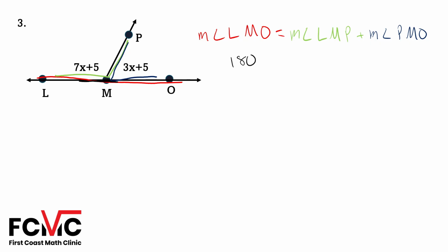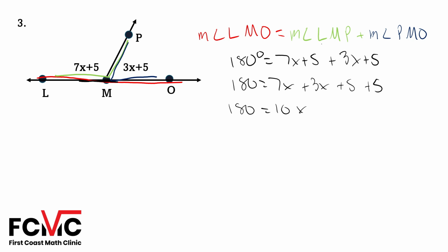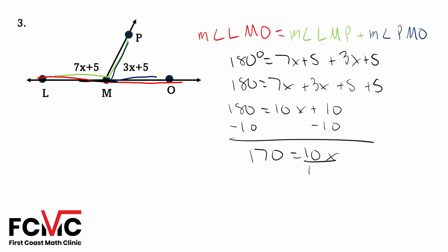So LMO has to be 180 degrees equals LMP, which is 7x plus 5, plus PMO, which is 3x plus 5. For like terms, 180, 7x plus 3x plus 5 plus 5. Get 10x plus 10. Subtract the 10 from both sides. So 170 equals 10x. Divide by 10 and 10, and we get x equals 17.